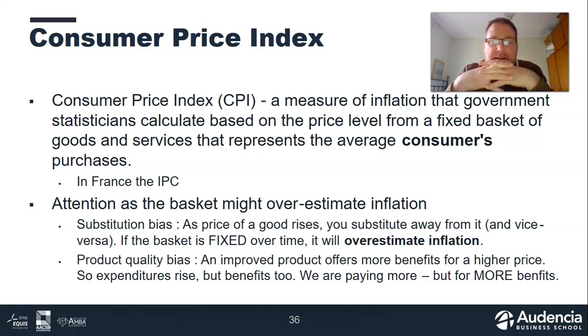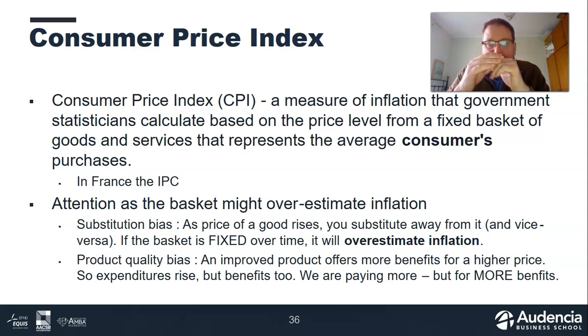The second is a product quality bias. What happens over time is that prices rise, and we've seen this already. But we can also note that over time, the quality of goods goes up.